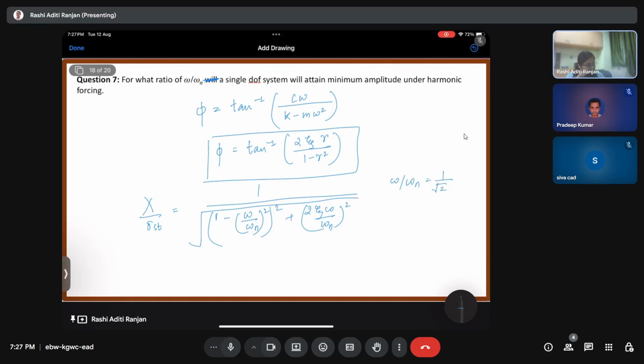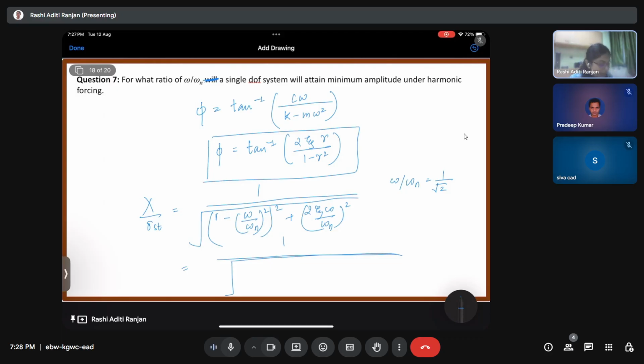See, the omega by omega n is 1 by under root of 2.